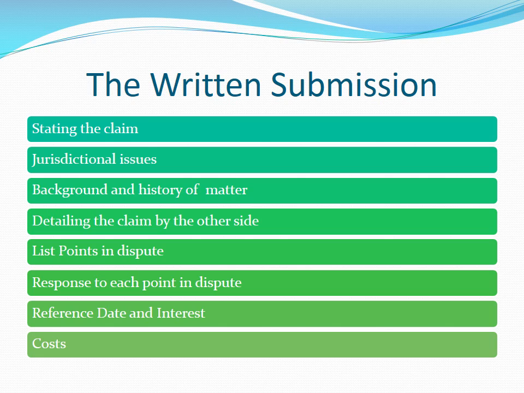Generally, there will be no arguments to put in regards to reference date unless you disagree with the applicant. In regards to interest and costs, unless you have a specific argument you want to put on those points, then generally you would not need to specifically address them in the submission.